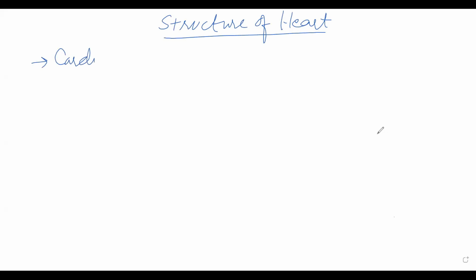Okay, so today's lesson is going to be about the structure of the heart. We all know that the heart is a muscular organ, right? And the muscles that make up the heart are called cardiac muscles.